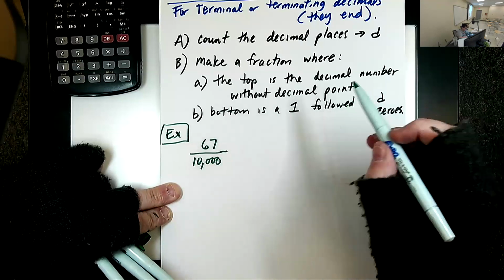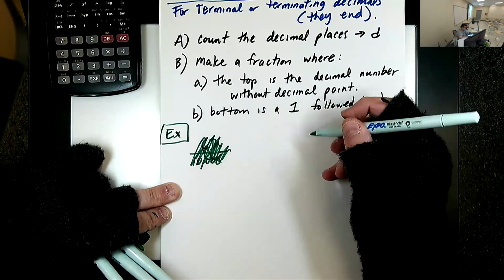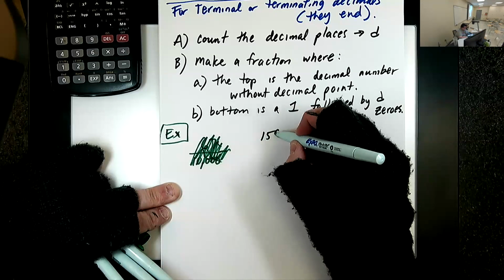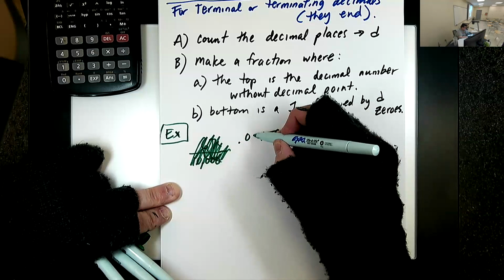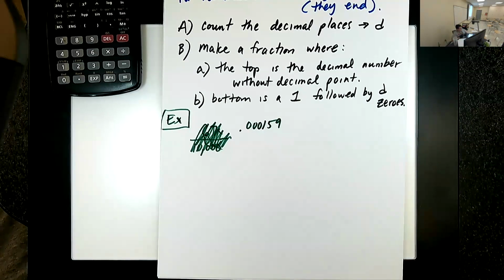Wait, I started with a fraction there. I wanted to start with a decimal. All right, let me pick a different number. Let's do 159, oh, I did it again. Let's go 0.000159. There we go. Let's do that. I keep trying to start with a fraction.